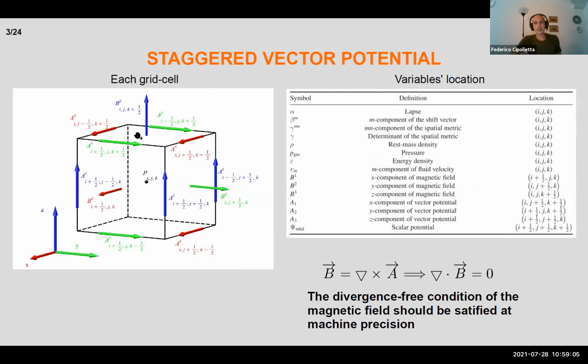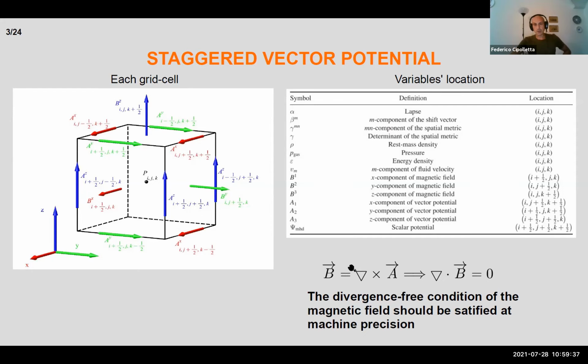While when you want to stagger the vector potential, you should consider the vector potential to be placed at the edges of the cell and the magnetic field to be placed at the center of the faces of the cell. So here you have a table that gives you a summary of the location of the different variables in the grid points.